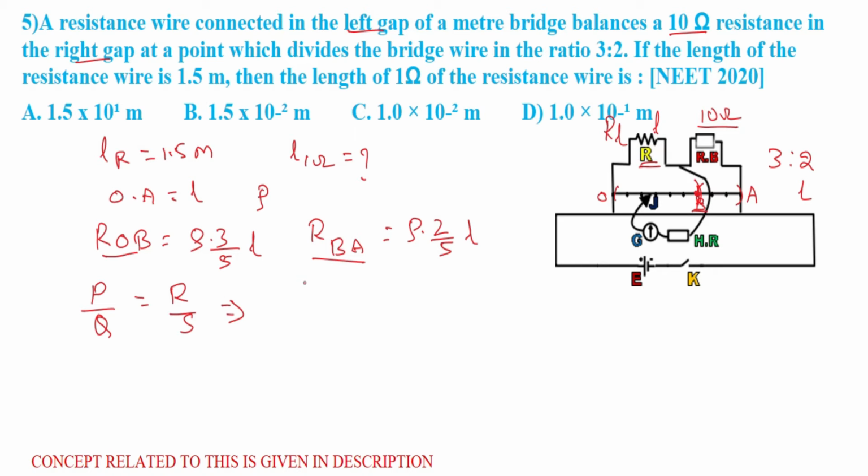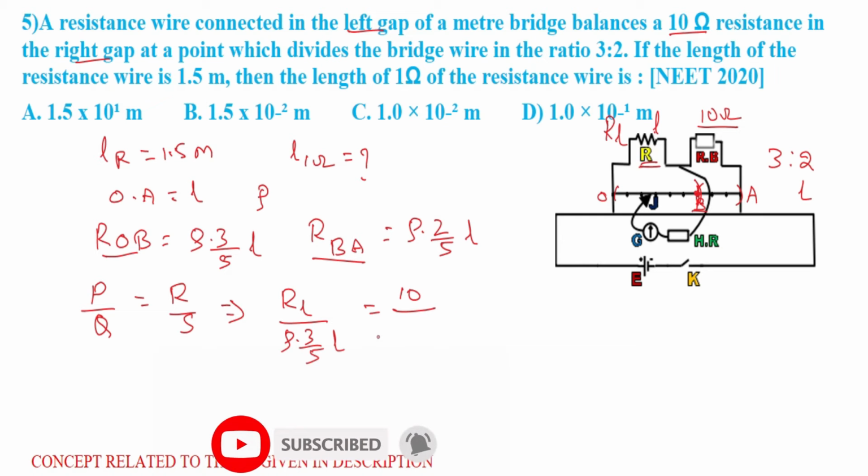Okay, now if I substitute all this, what will I get? P, which is nothing but RL, resistance of our wire, by Q, that is ROB, that is rho into 3/5 times that of L, is equal to capital R, that is 10, by S. S is 2/5 times that of L into rho.